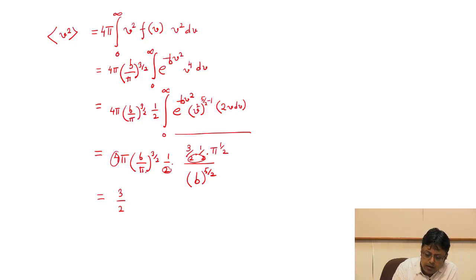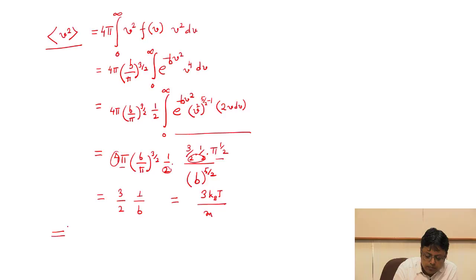I have pi divided by pi to the power 3 by 2, and pi into pi to the power half is pi to the power 3 by 2, and that gets cancelled with pi to the power 3 by 2, so that is fine. I have b to the power 3 by 2 and b to the power 5 by 2 here, so that gets cancelled. I'll have only 1 over b, and that should be equal to 3 kBT by m, because that's the value of the v square average.